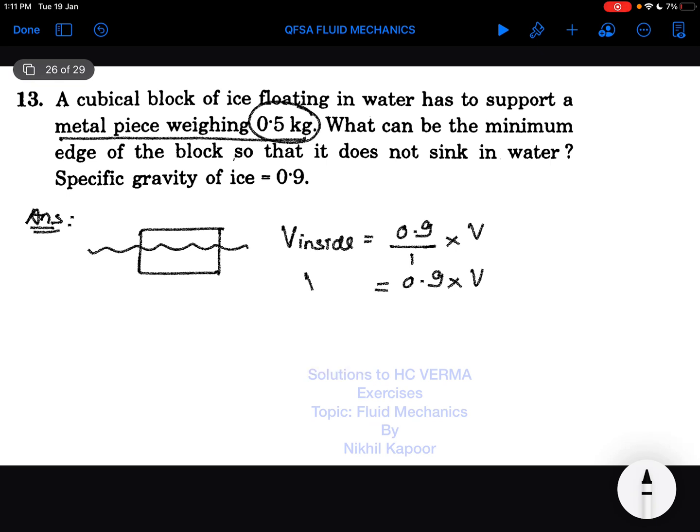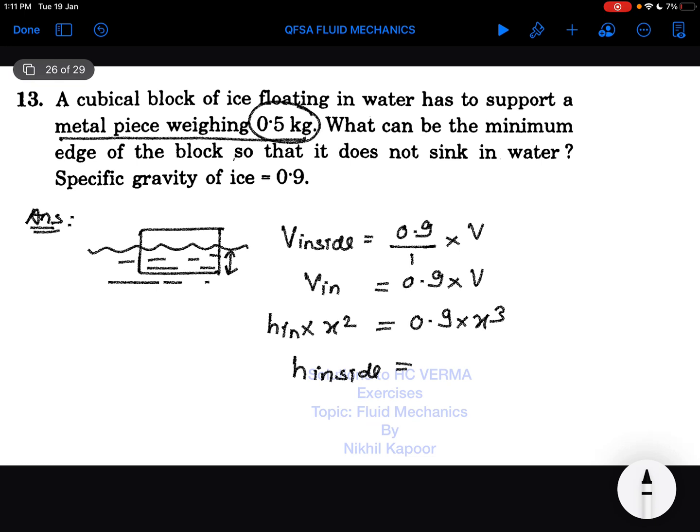As this is length into breadth into height, so height inside into x square, let x be the side length, is equal to 0.9 times x cube. So the height of the ice cube inside the water when it is freely floating will be 0.9 times its side edge.